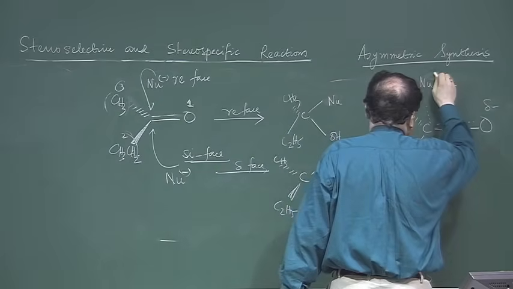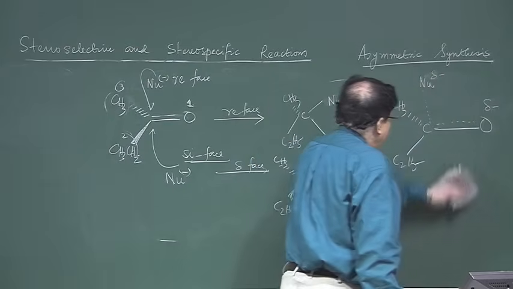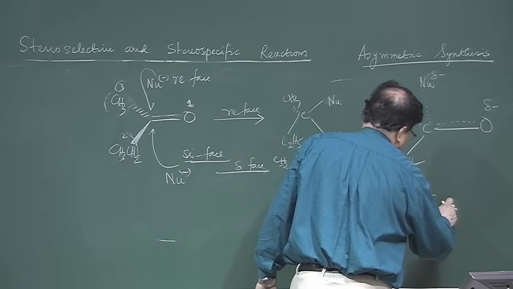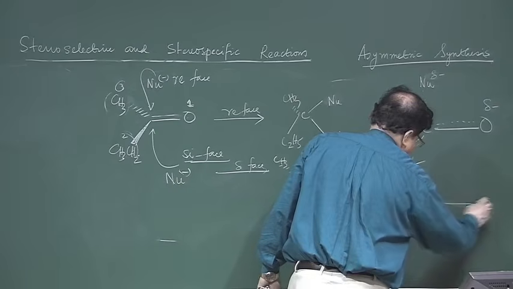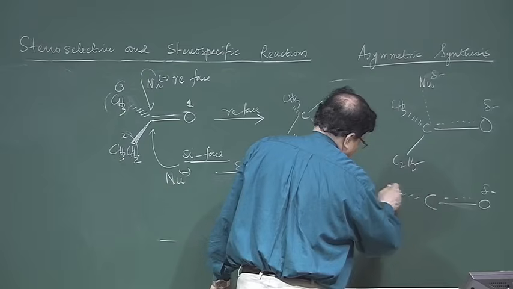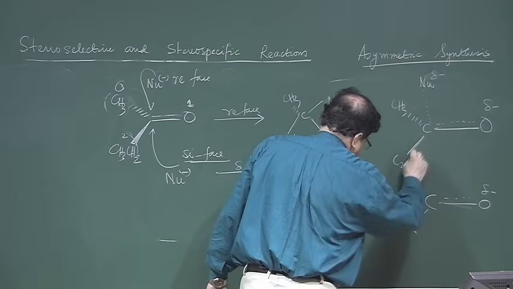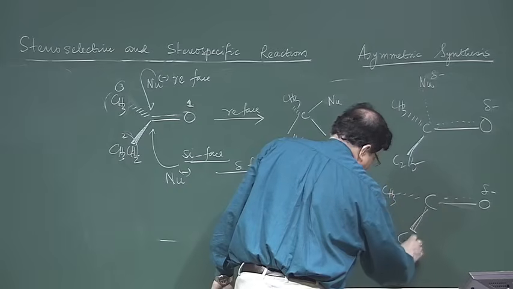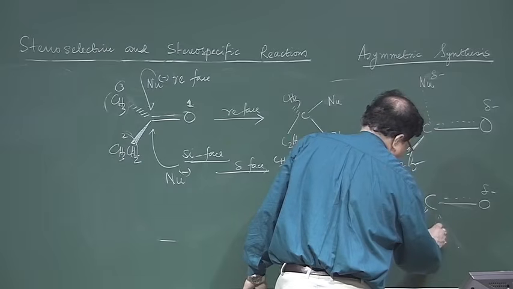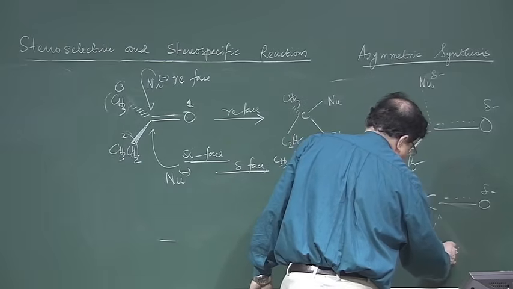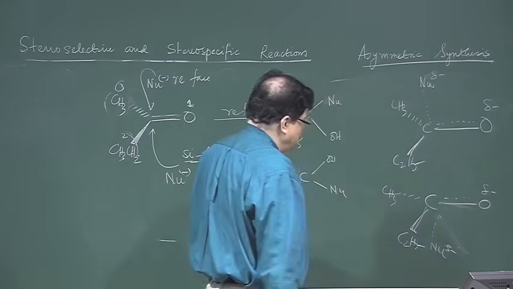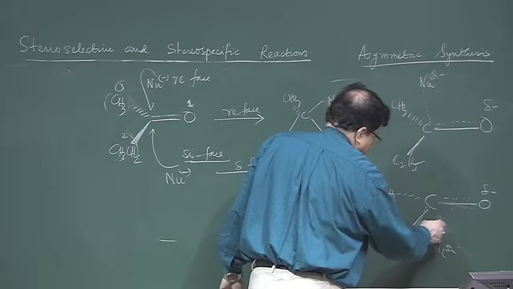That will be delta minus, and if it is approaching from the Si face, the transition state will be, so C2H5 and now the nucleophile will be from this side. The nucleophile actually approaches at an angle of about 107 degrees.